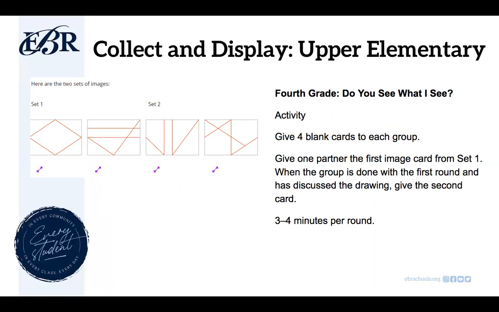I remember engaging in things like this as a child myself, and then also using these with students in my classroom. So students are given images. And so when they're partnered with their partner, they have to use descriptive terminology to describe the image. And so the partner has to interpret those descriptions to recreate that image.